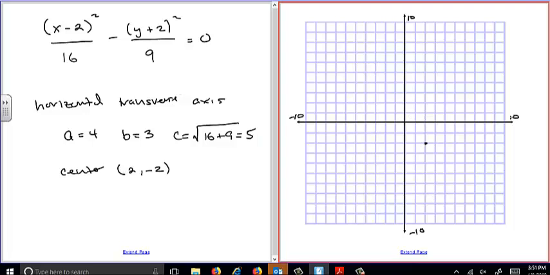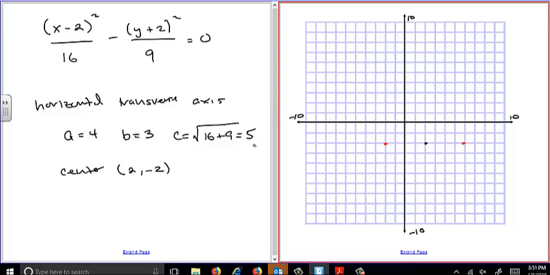Next we take this distance 4, square root of 16, and that's in the x direction. So we go 4 units, 1, 2, 3, 4, in the x direction from the center to both sides. The center is in between the two vertices.